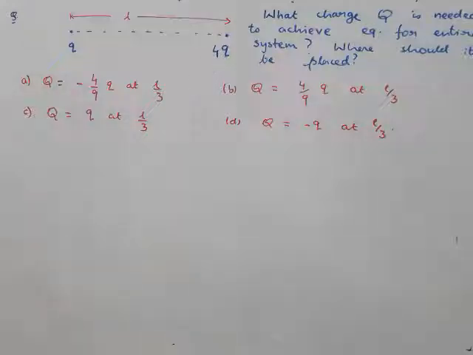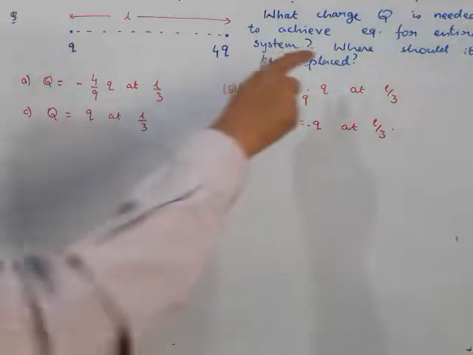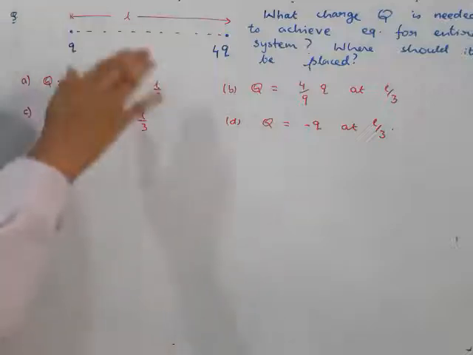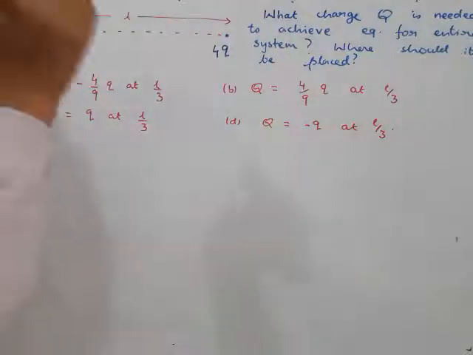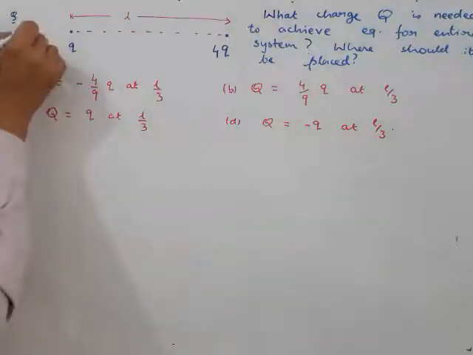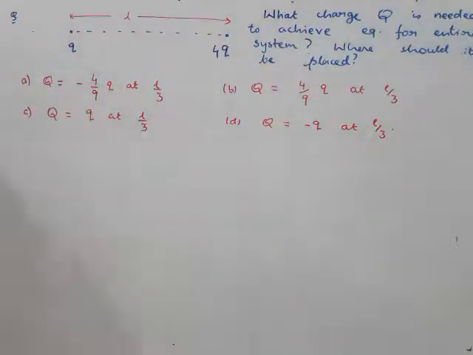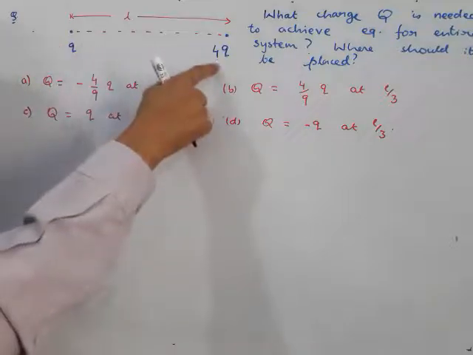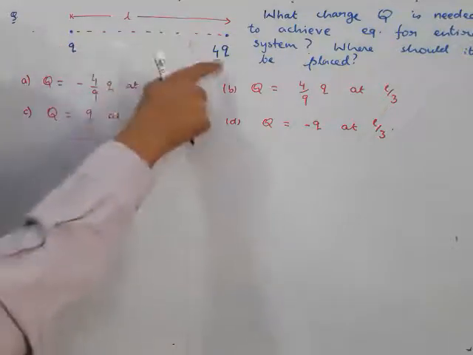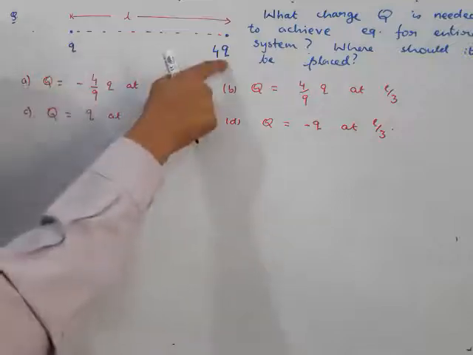See, equilibrium means net force must be 0, and because it is equilibrium of the system, net force must be 0 on all these 3 charges. If this charge happens to be here, whether positive or negative, these two are identical in the sense of their signs. If this is positive, this will be positive. If this is negative, this is also negative.